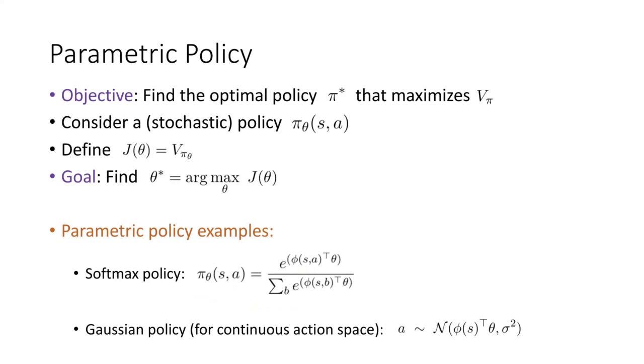Very similar. So what will happen if you have an infinite number of actions? Suppose you have an LQG system. Your control action is continuous, right? That means you have an infinite number of actions. That can be effectively modeled. You can just assume that your neural network is estimating the mean and variance of your control policy.